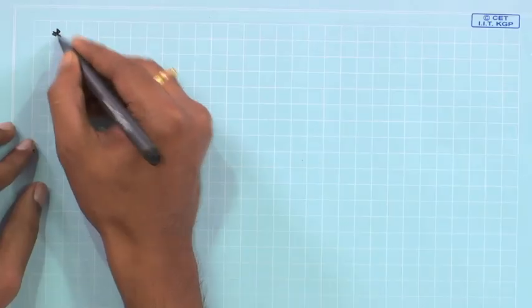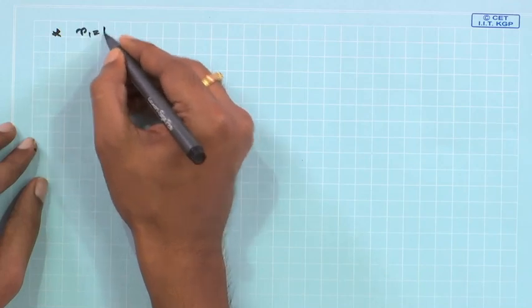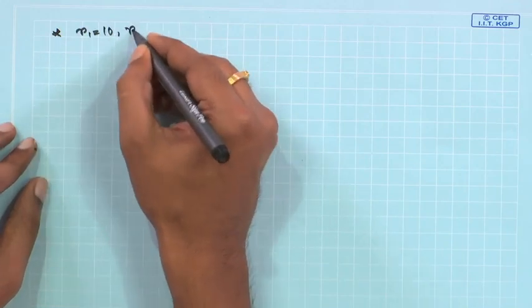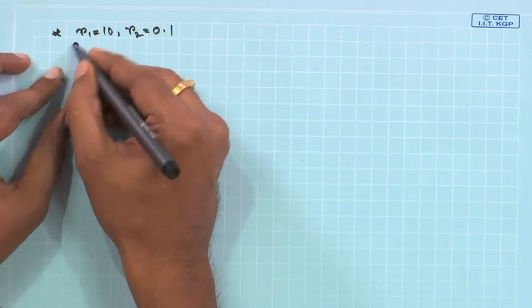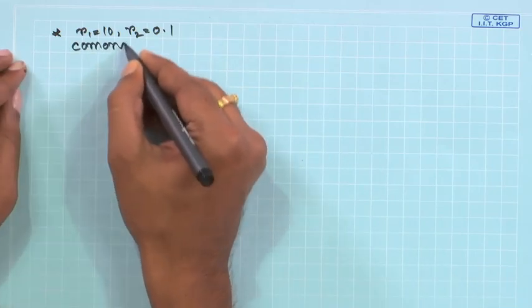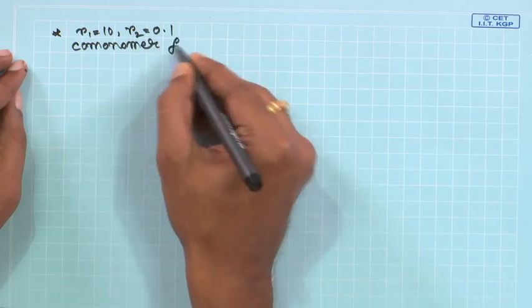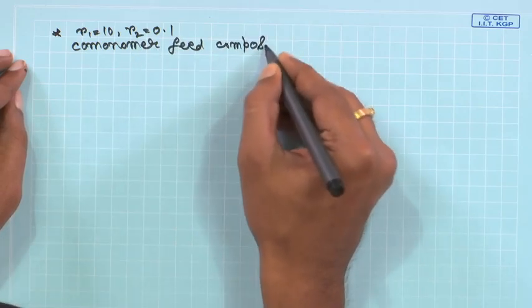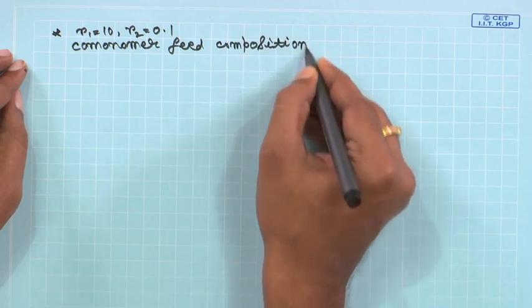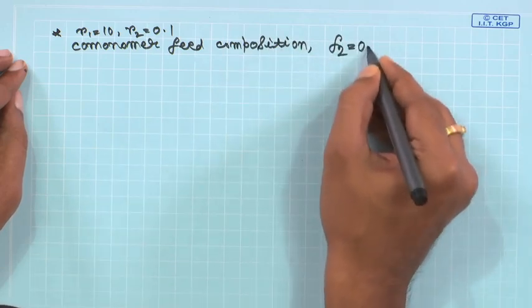Now, let us do a small problem in order to have more understanding of this particular situation. Let us say your r1 is 10, just like that graph, and r2 is 0.1, and let us say the co-monomer feed composition is given by f2 equals 0.8.